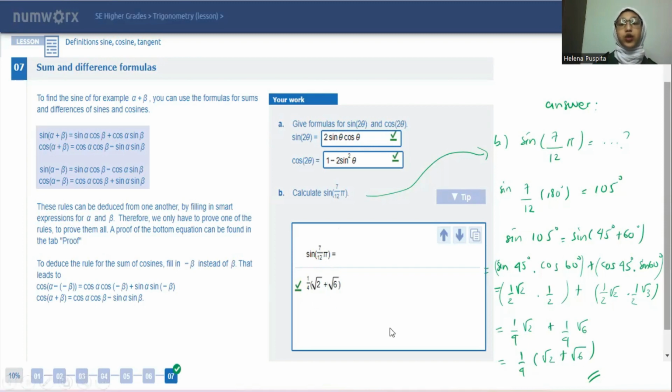So we find the solution is 1 over 4 times square root 2 plus square root 6.